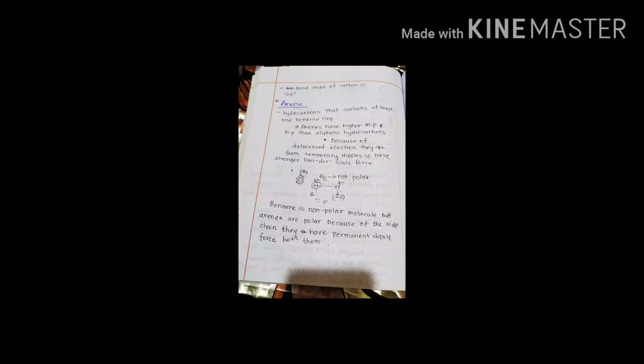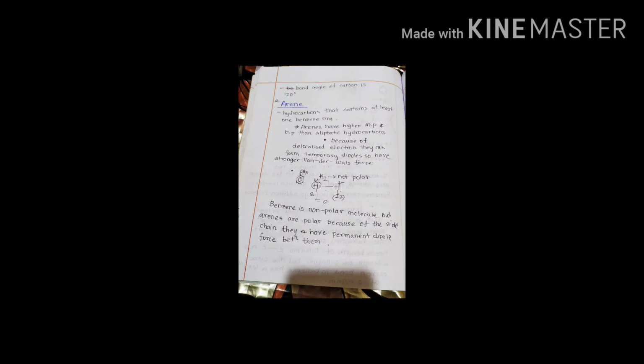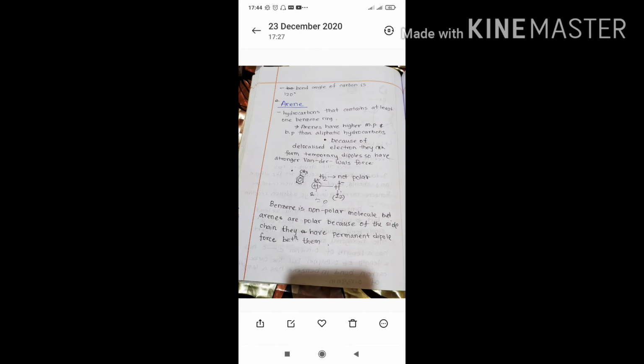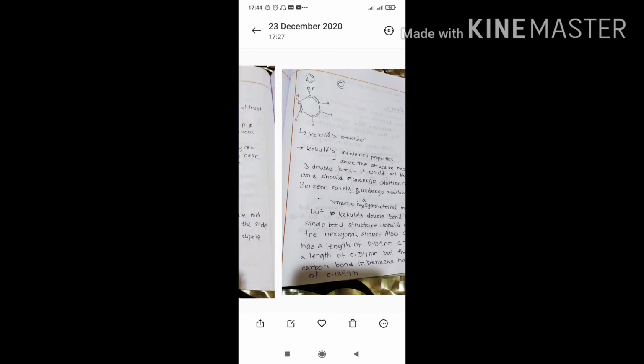And the bond angle of carbon is 120 degrees. This shows that the structure that Kekulé had introduced was a little different from the actual structure of benzene. So we use the actual structure of benzene, which is the second structure at the top of my page.